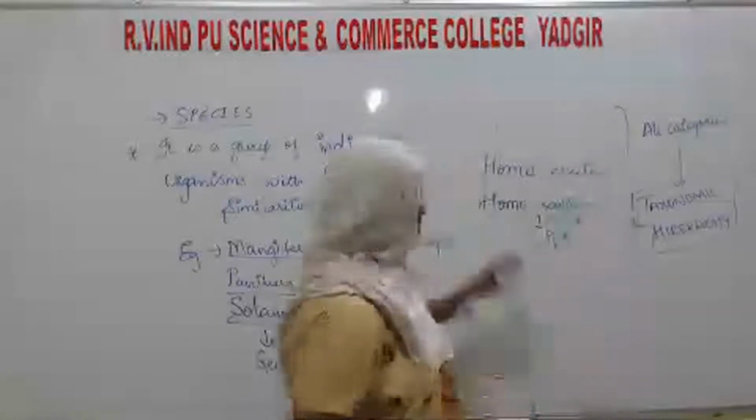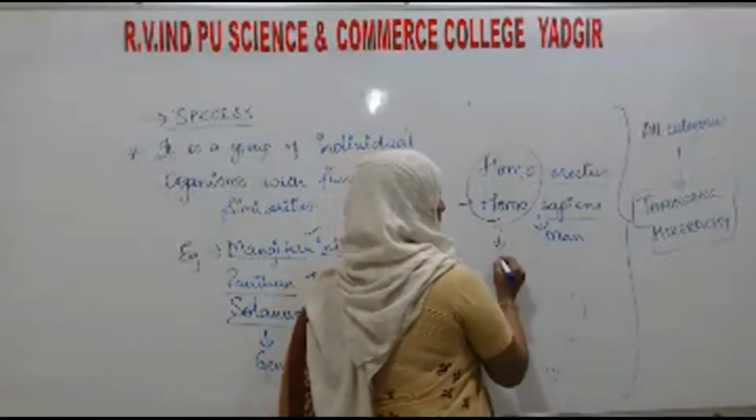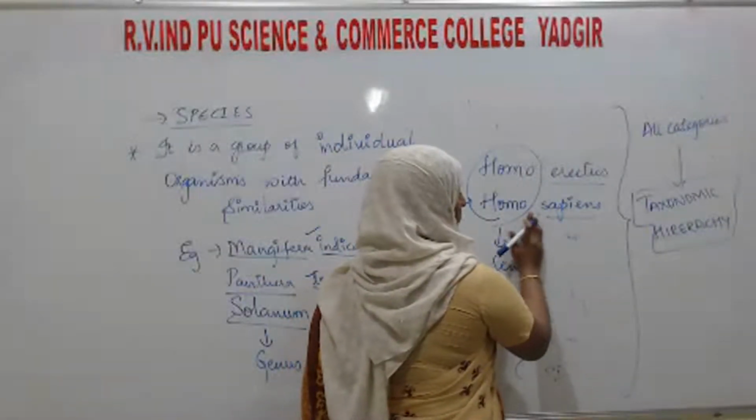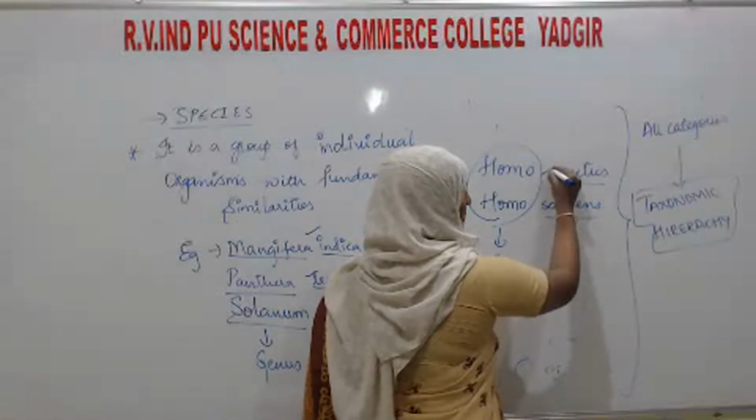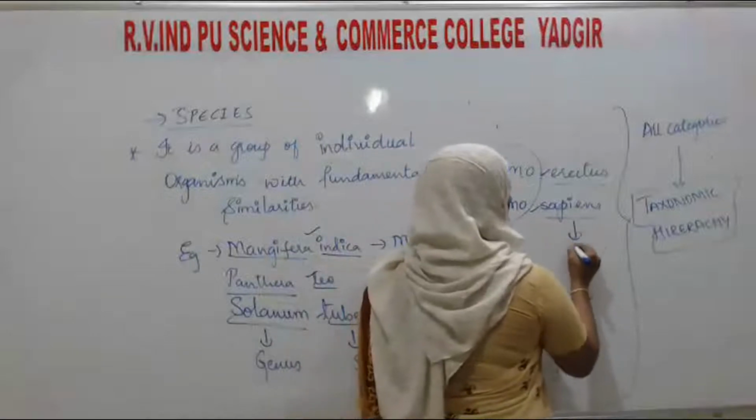You see, the genus Homo is the same, but the species is differing. Homo sapiens means the modern man.